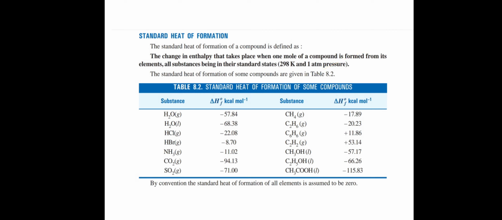So standard heat of formation is the change in enthalpy that takes place when 1 mole of a compound is formed from its elements, with all substances in their standard states. It means that they must have temperature 298 Kelvin and pressure 1 atmosphere.